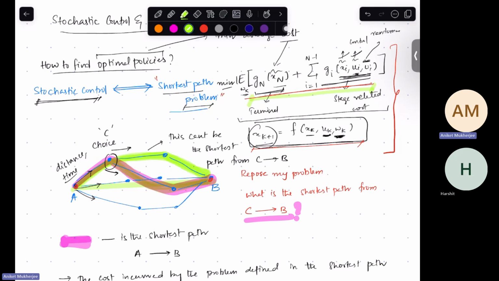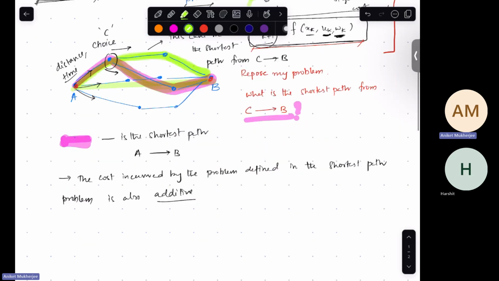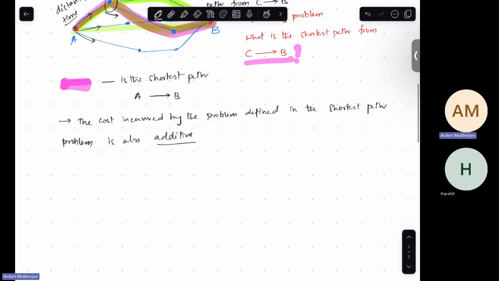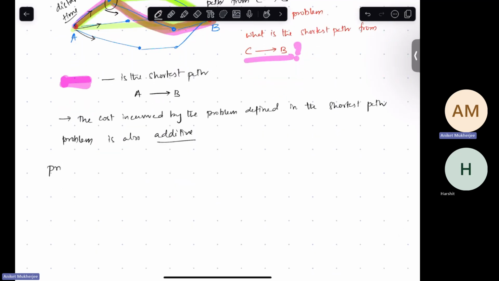Next, you keep on adding your distance or you keep on adding your times. So this is a similarity between the stochastic control and shortest path problems, right? So the observation that we have made here is also known as the principle of optimality.